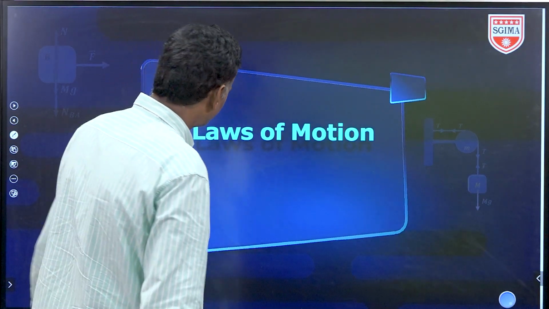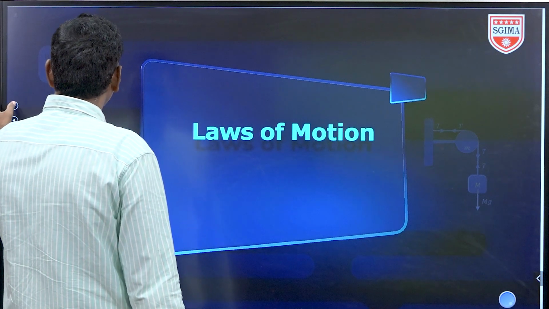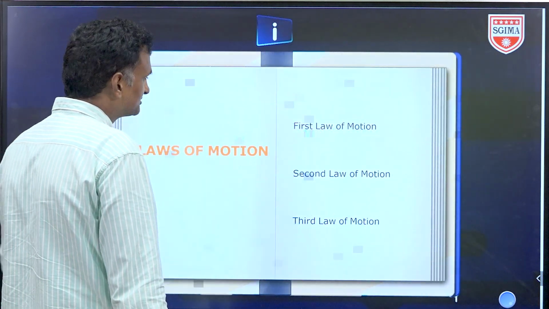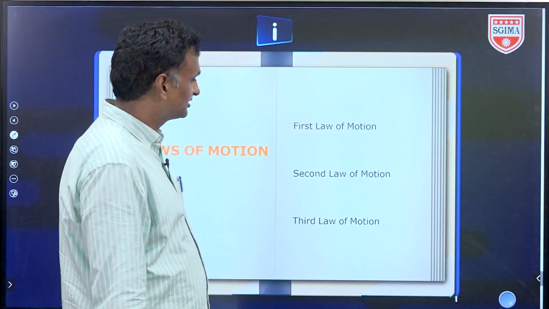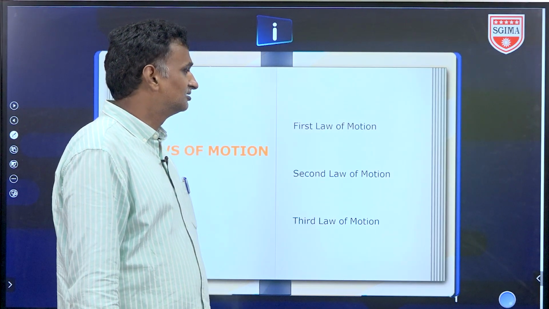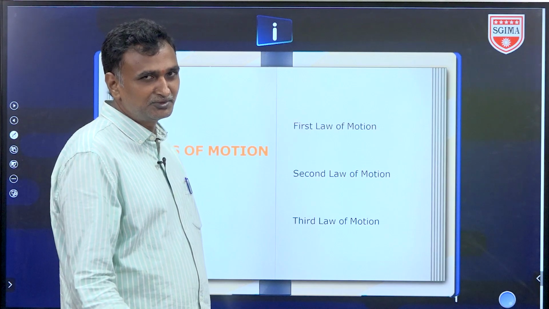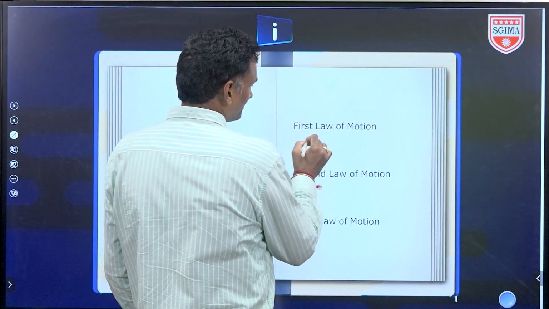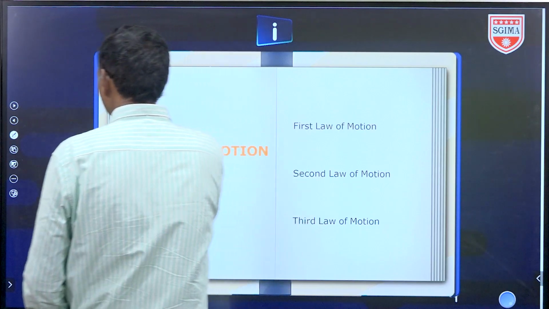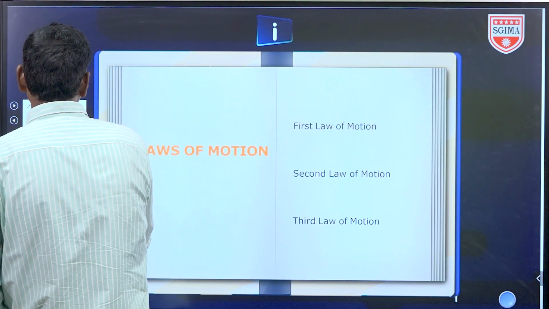Now, let us discuss the laws of motion one by one. First law of motion, what do we call it? Second law of motion, what do we call it? Third law of motion, what do we call it? Just now I told you, the first law of motion we usually call the law of inertia. Let me write law of inertia.